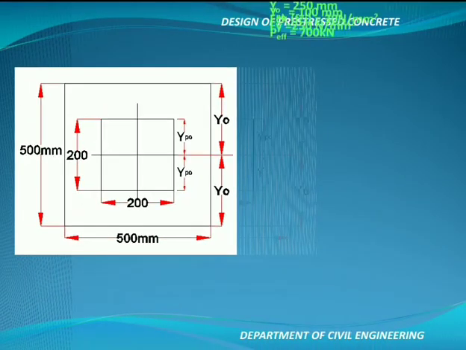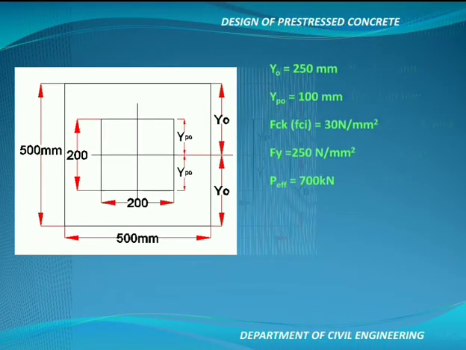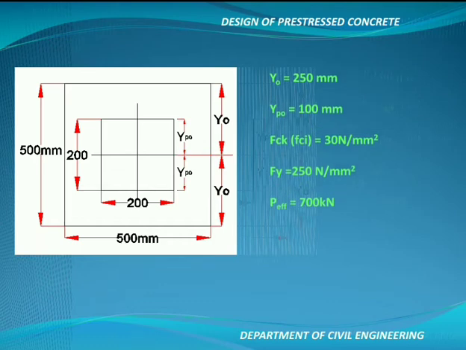Then let's note down the data as per the figure. From the figure we get y naught as 250, 2y naught will be 500, yp naught is 100, 2yp naught will be 200, fck and fy as given, and the effective pre-stressing force is 700 kilonewton.